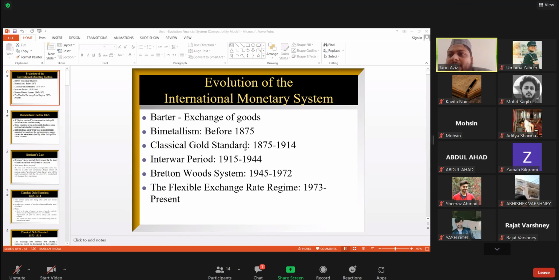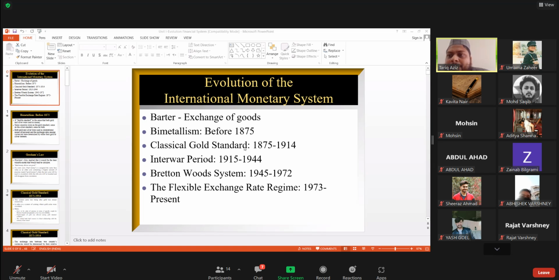Countries decided, let us print paper money, and let us not use gold coins and silver coins as a medium of exchange. Let us keep gold and silver as reserve in some safe place, and against those reserves, let us issue paper currency.